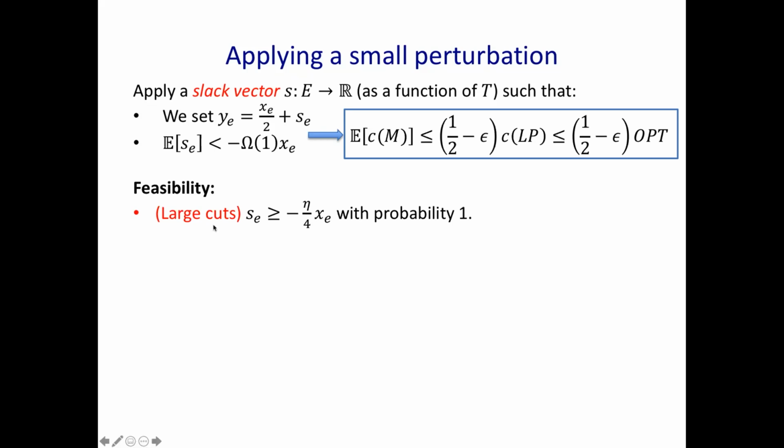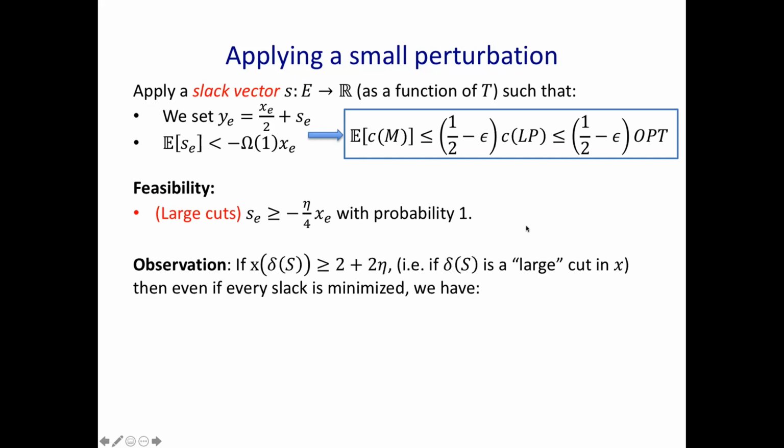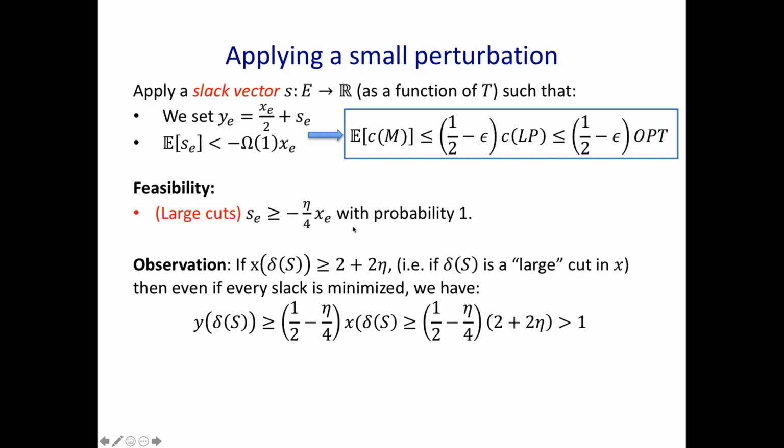And I say large cuts here because this lets us forget about all constraints in the matching LP that correspond to large cuts in X. So in fact, the only constraints we're now concerned about, given this feasibility requirement, have delta of S less than or equal to 2 plus 2 eta. So take any cut that's larger, and even if we set all slacks in that cut to their minimal value, the constraint is still satisfied, even if it's odd.